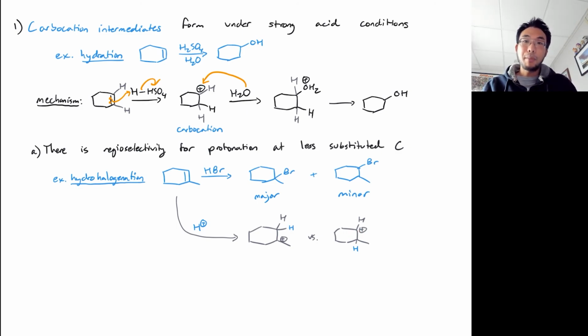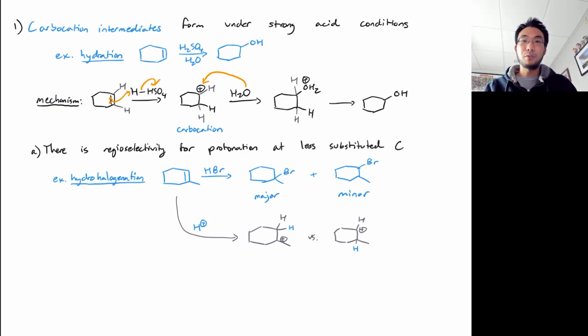And we'll get to this in a minute, but more substituted carbocations are more stable. And so that tells us that this intermediate will be lower in energy. That tells us that the transition barrier from the reactant to this intermediate is going to be smaller than the barrier from this reactant to the other intermediate. So this should be the faster reaction, leading us to more of this product here.